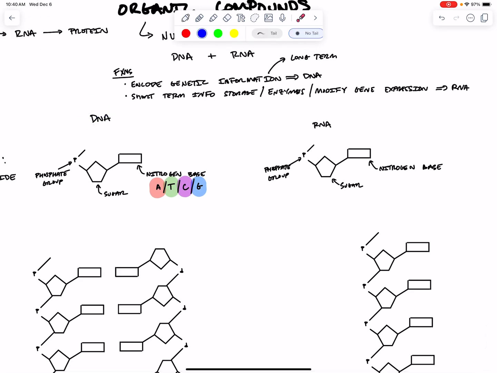DNA stands for deoxyribonucleic acid, and DNA is missing a hydroxyl group on its sugar, on the 3' carbon, right here. You don't need to know that. RNA is the exact same structure, except it's ribonucleic acid. It's not missing that hydroxyl group. It has it.